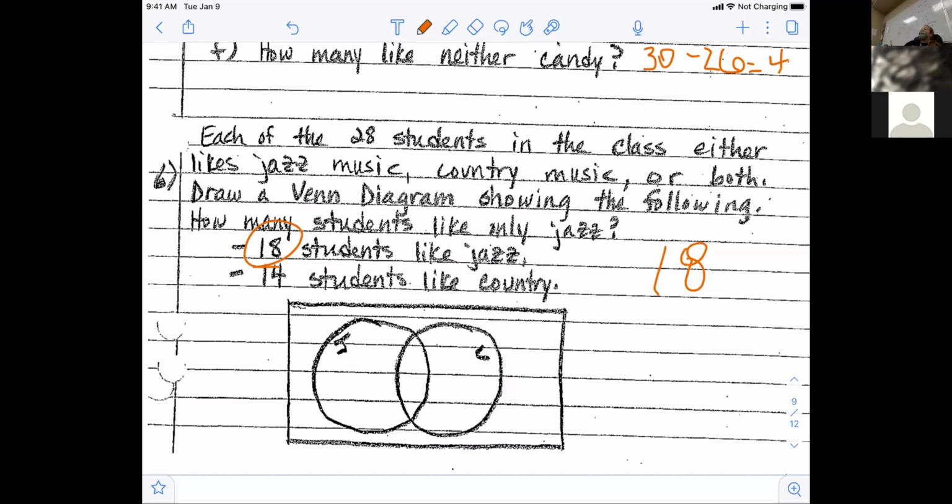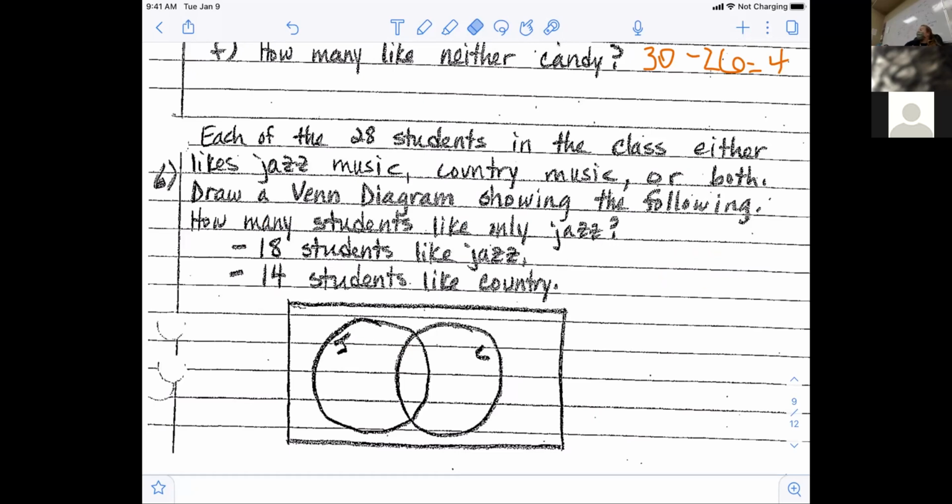Good. Of those 18, there's some crossover with jazz and country, so we've got to figure out how many that is. Okay. My first question then is how many kids like neither jazz or country? Since the silence tells me that we're not sure, I want to ask then, does it say that any like neither music?